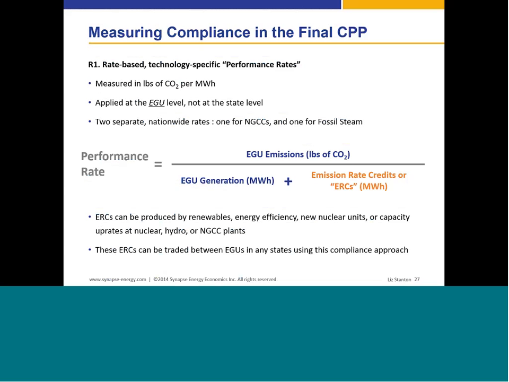So for this R1 choice compliance path, the state, by taking that on, is making a requirement on each fossil unit that for the fossil steam units, mostly coal, they have one set of emission rates that they must achieve, and for the NGCCs, they have a different set that they must achieve.